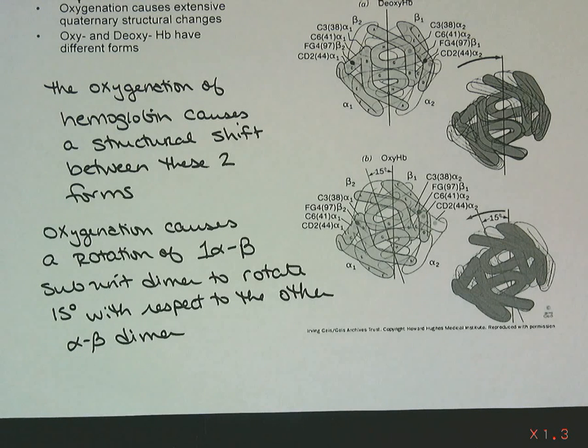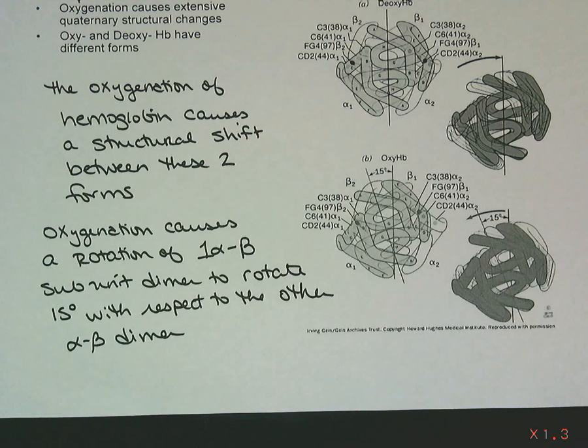And so oxygenation, the binding of oxygen to our 4 heme groups, causes one alpha-beta subunit to rotate 15 degrees with respect to the other alpha-beta subunit.